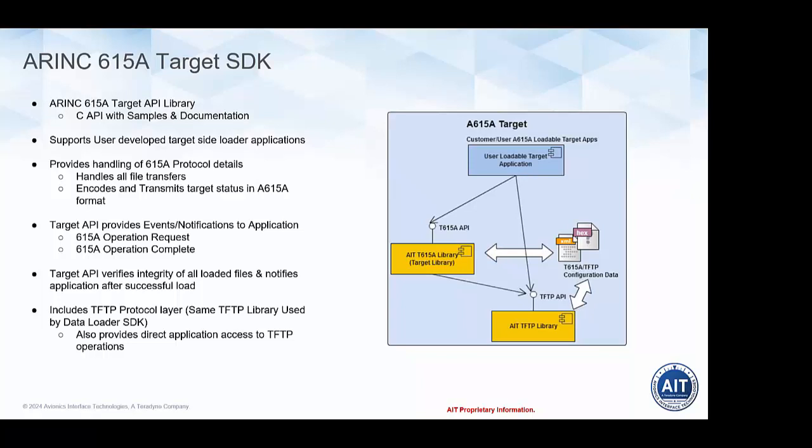You have the same configuration parameters, an XML file for the target library and the TFTP library. In this image, I'm showing that configuration data can be either in XML, or we also provide a compiling tool that you can use on a Windows host to compile that XML into a more compact format, a hex file format. That's primarily used for targets implemented on embedded, really lightweight operating systems where you don't want all the heavy-duty code to parse an XML file.